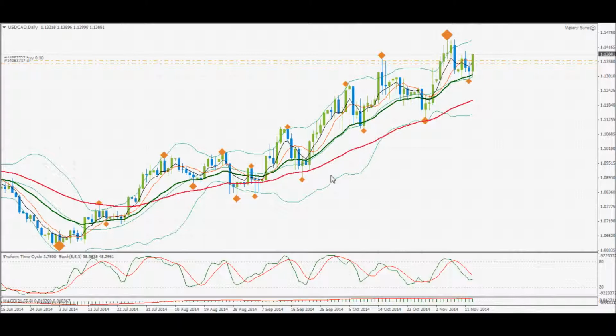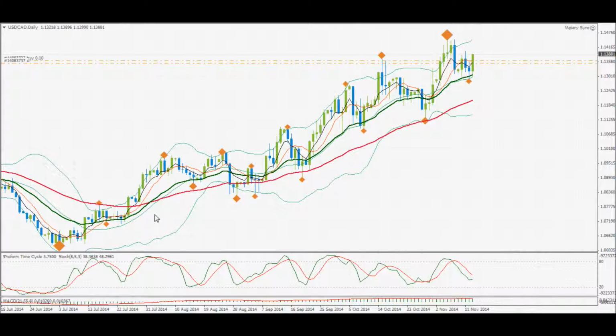Now these thicker lines on my chart, they're longer term moving averages. This red line here, that's a 55 period MA, and this green line here is a 21 period moving average.